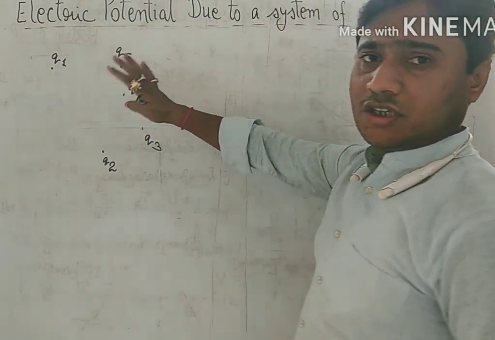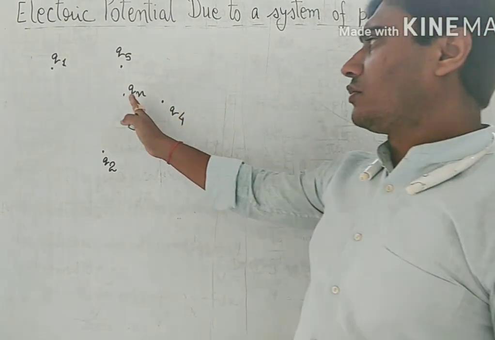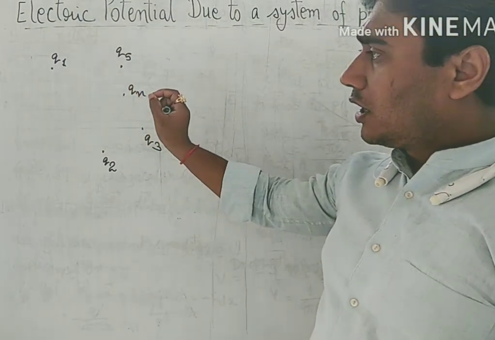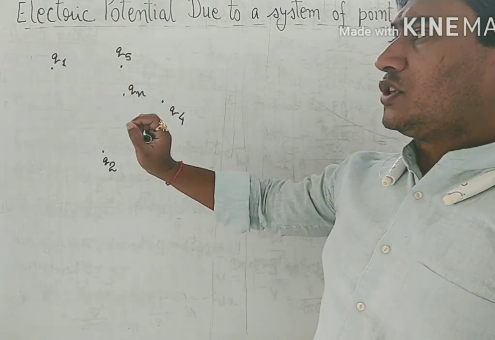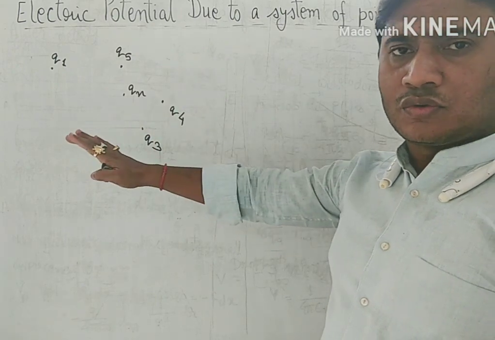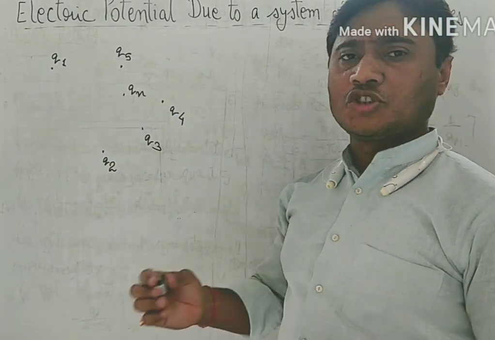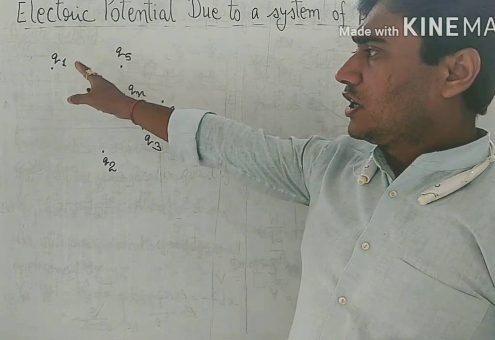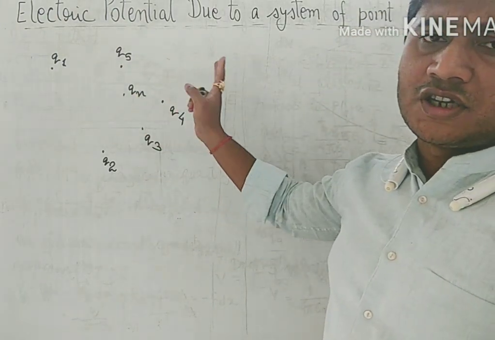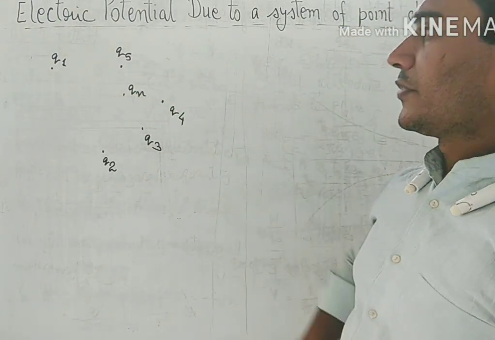So these are an assembly of n charges, and with reference to some reference point O, these will have position vectors R1, R2, R3 and Rn.